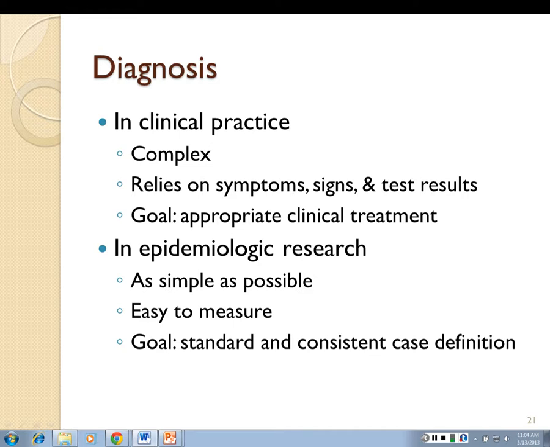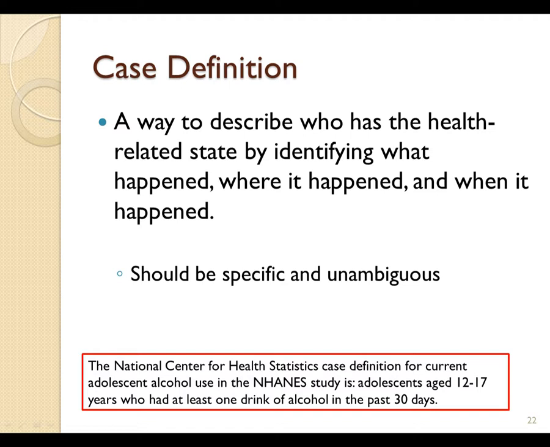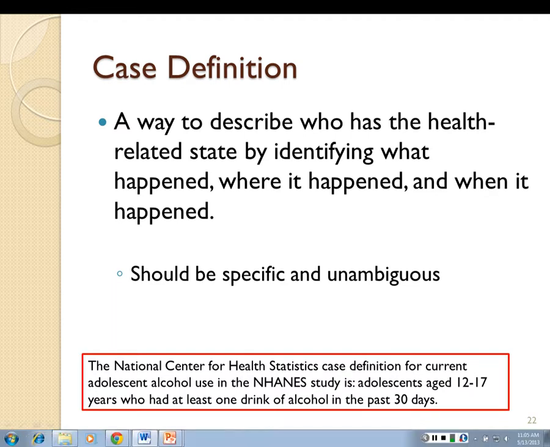Therefore, they must make sure that their diagnostic definition is easy to measure. A case definition is a way to describe who has the health-related state of interest by identifying the who, when, and where. It is a set of objective, uniform, and consistent criteria by which to decide whether an individual should be classified as having the disease under investigation.